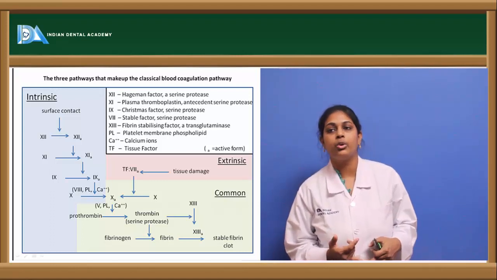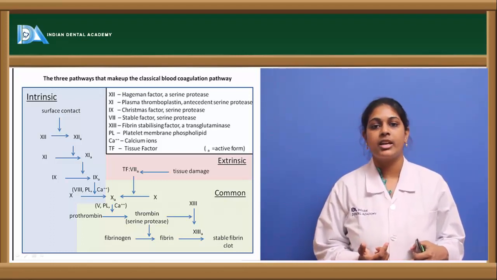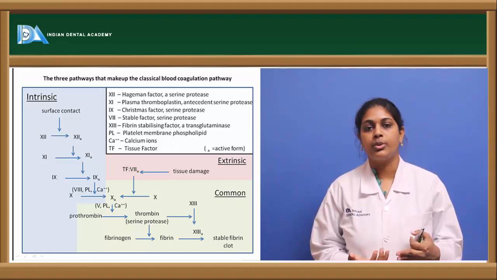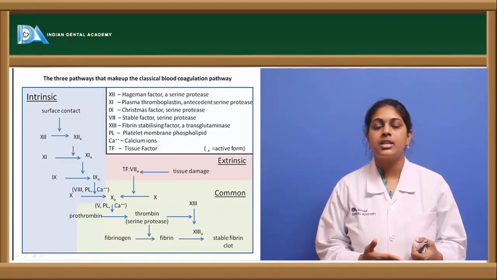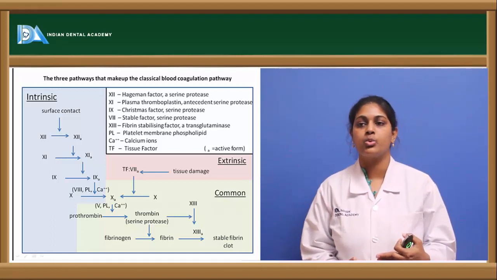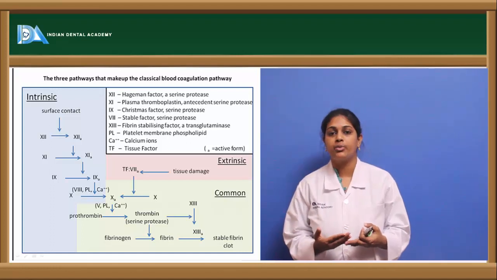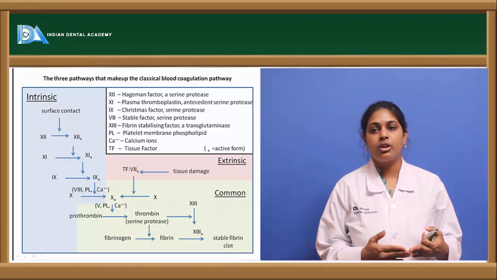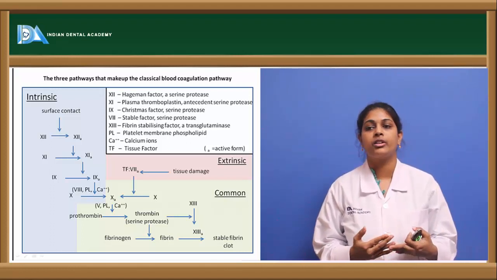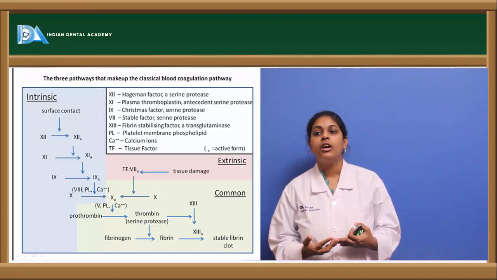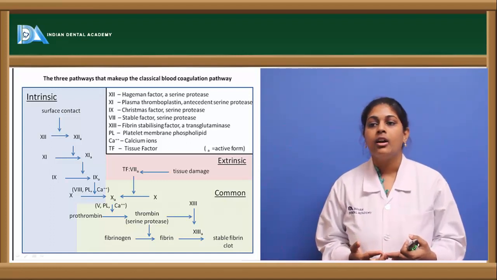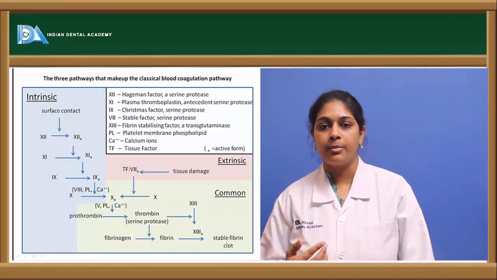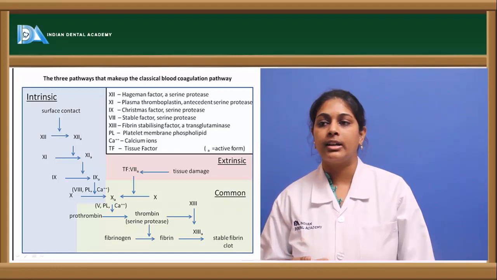In the intrinsic pathway, usually on contact with any surface agents, there is activation of the clotting factor 12. Clotting factor 12 activates and results in the formation of activated clotting factor 12. And this activated clotting factor 12 mediates the activation of factor 11 to activated factor 11, and this activated factor 11 mediates the activation of factor 9, and then this activated clotting factor 9 mediates the activation of clotting factor 10.